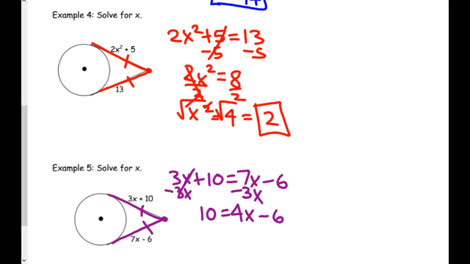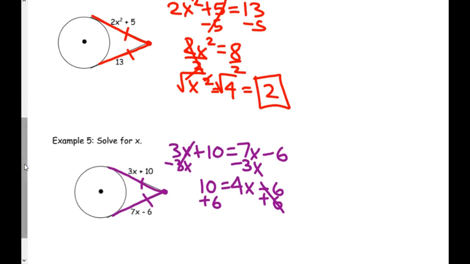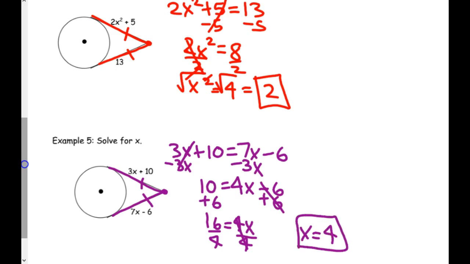Now, even though x is on the right side, we can still solve it. The loner is on the right. This minus 6 has got to go. Plus 6, plus 6. So I get 16 equals 4x. And again, to get rid of this coefficient, divide, and 16 divided by 4 means x equals 4. Okay?